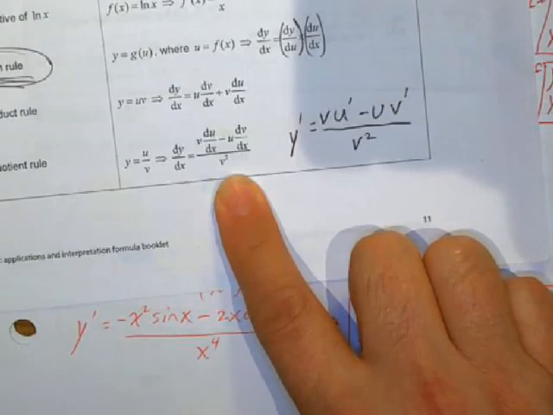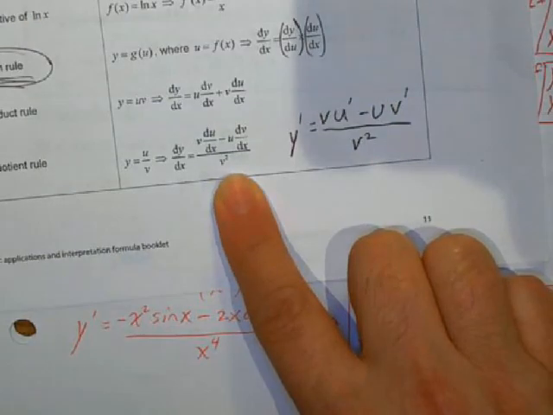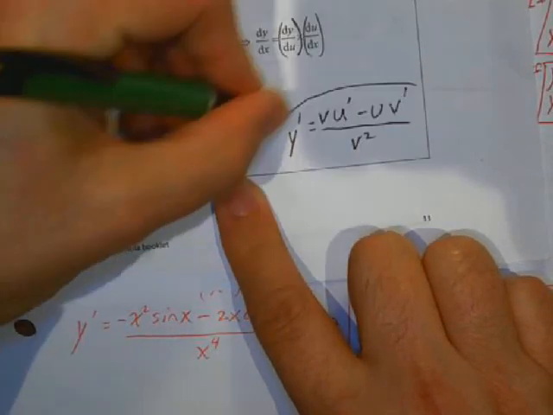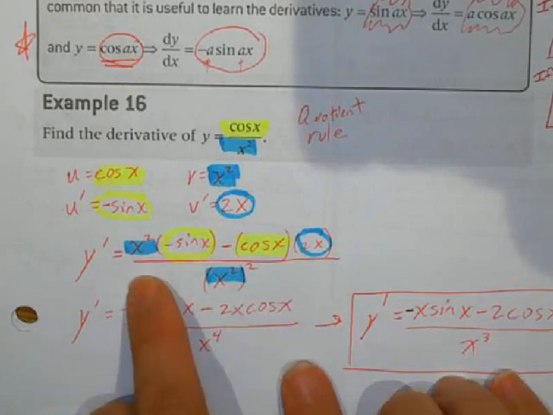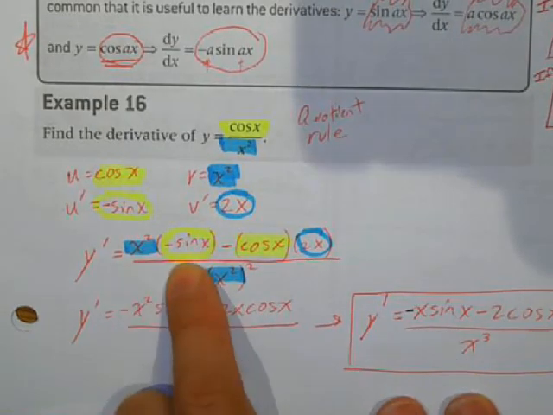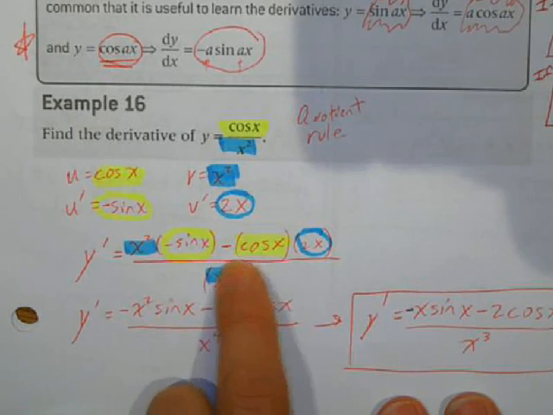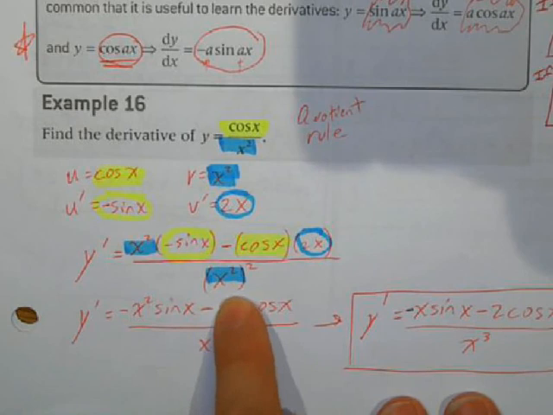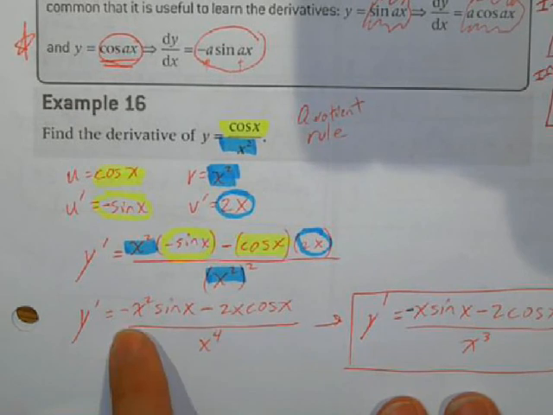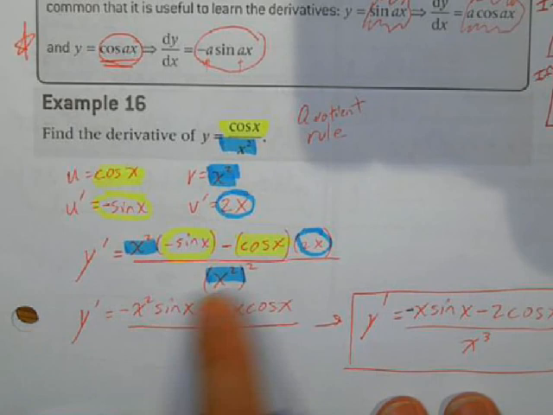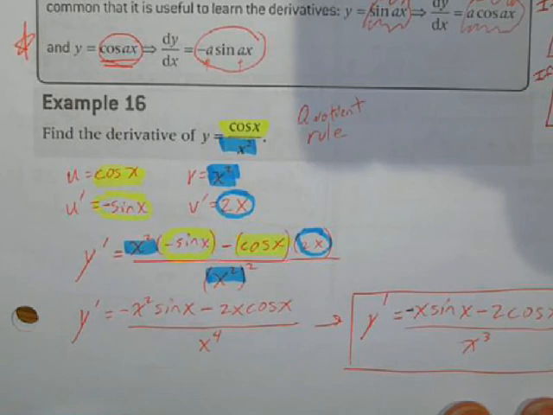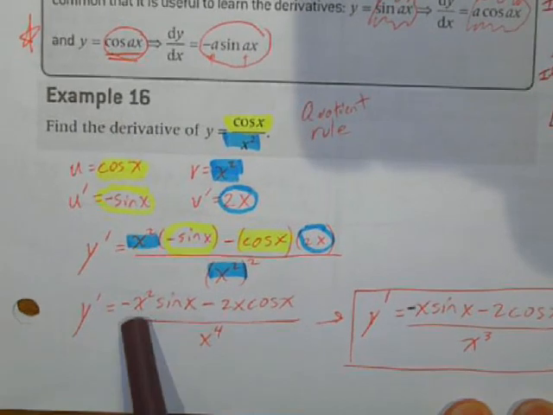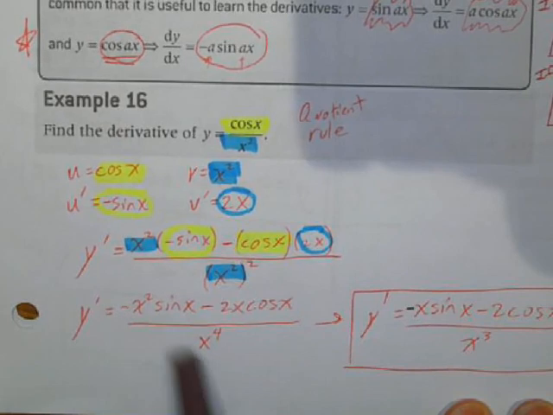That's what we have here. So I've got v times the derivative of u minus u times the derivative of v, divided by v squared. Okay, and then we multiply this through, multiply that through, that's over x squared, and then I notice there's x squared here, there's an x in this term. I could factor out an x and simplify this.